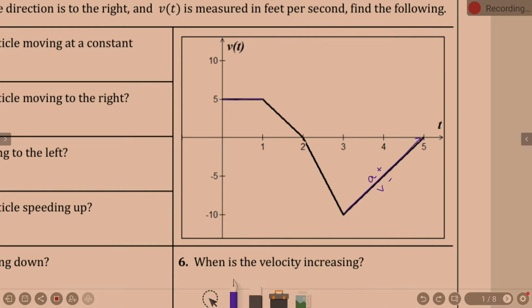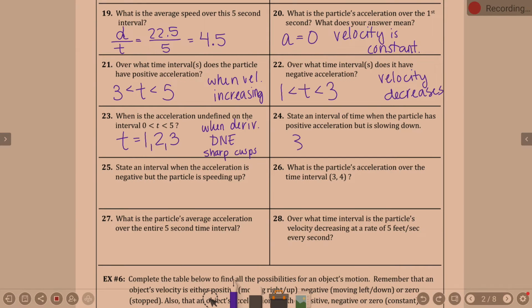It's negative. I had written that on this graph at one point, hadn't I? It's been a while. My graph's been erased, I think I even erased it to give myself time. So 3 to 5. We want our velocity to be negative, thus to have the opposite signs. For slowing down, it is opposite signs, so velocity has to be negative then.